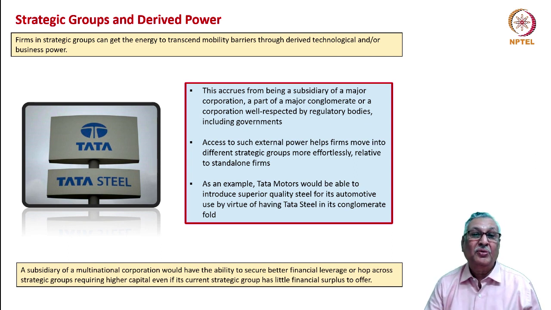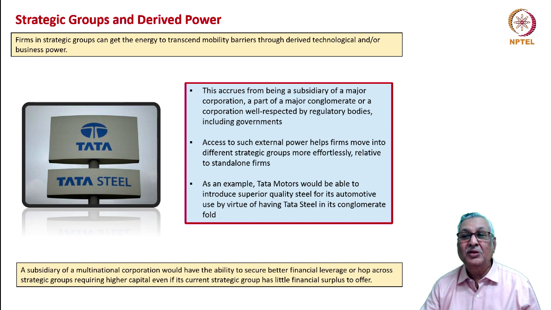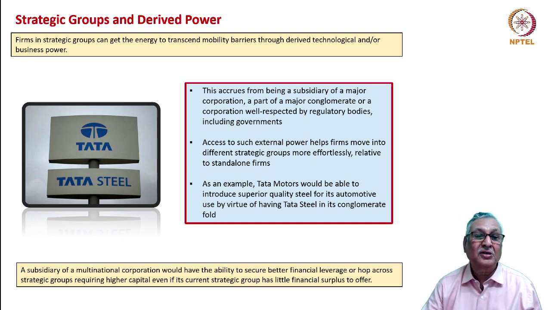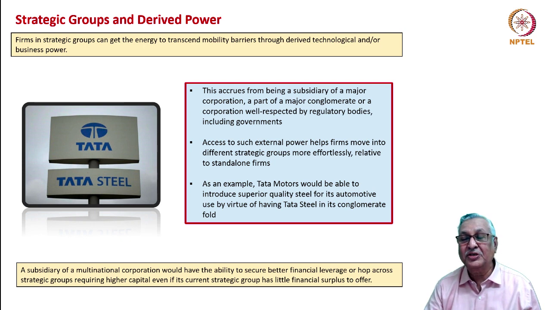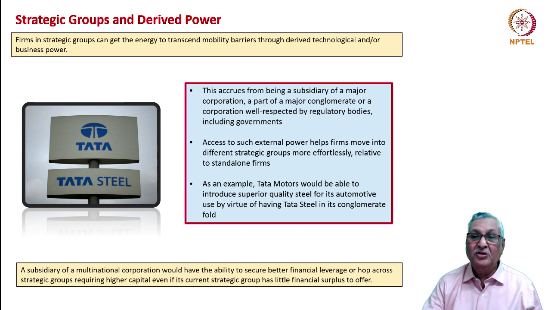There is also derived power arising from strategic groups, because strategic groups give firms certain energy to transcend mobility barriers based on technological or business power. If you are the subsidiary of a major corporation, part of a major conglomerate, or a corporation well respected by regulatory bodies, including governments, when you move across a strategic group, it is respected and welcomed.